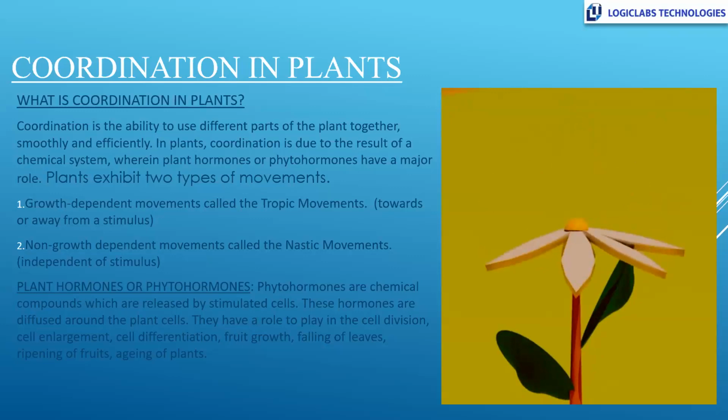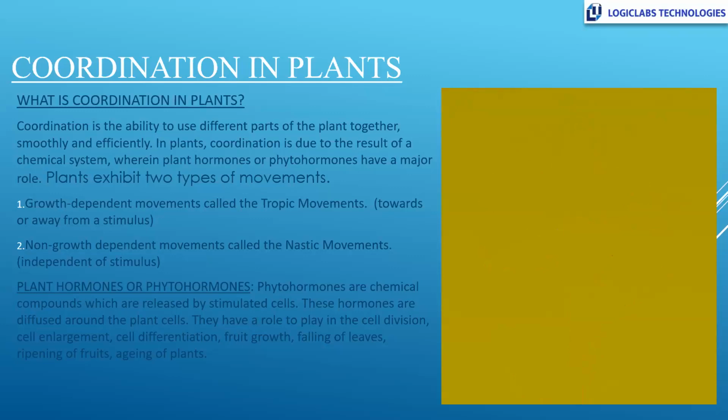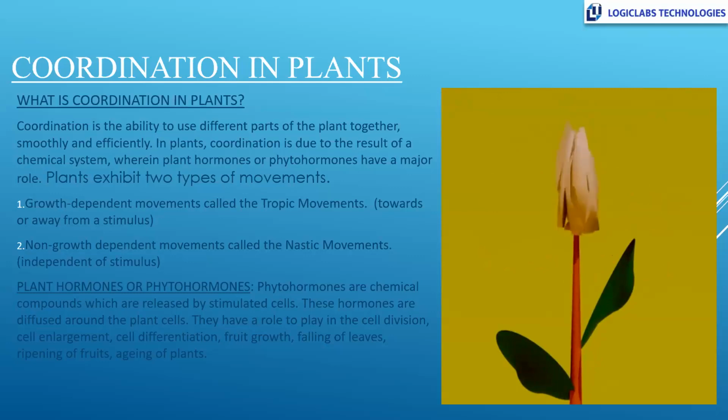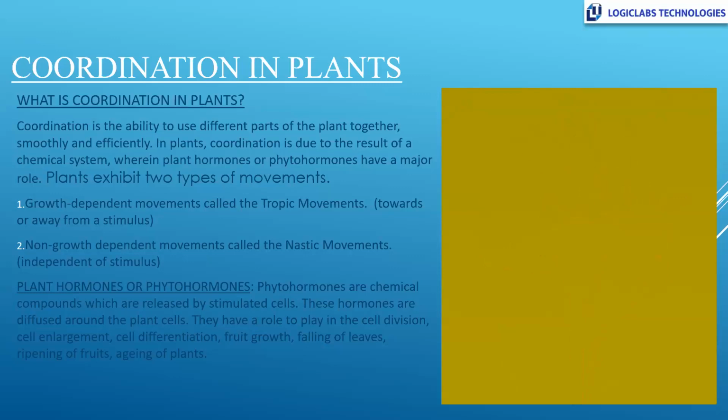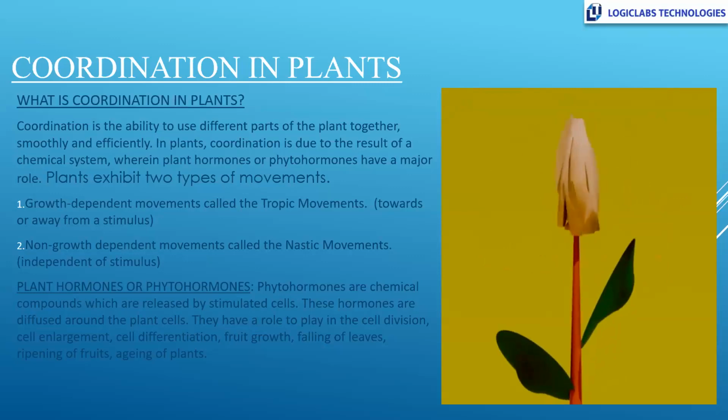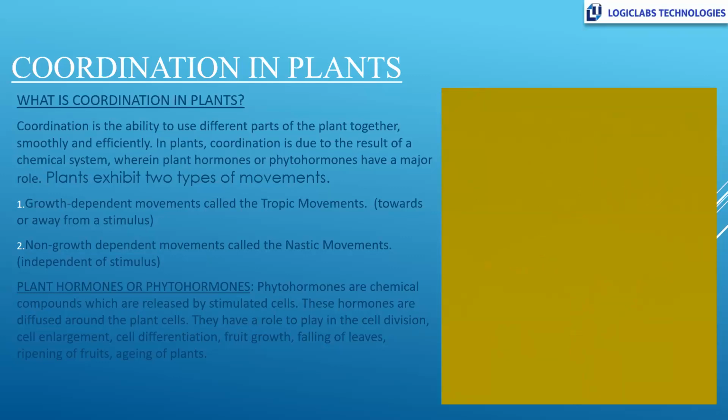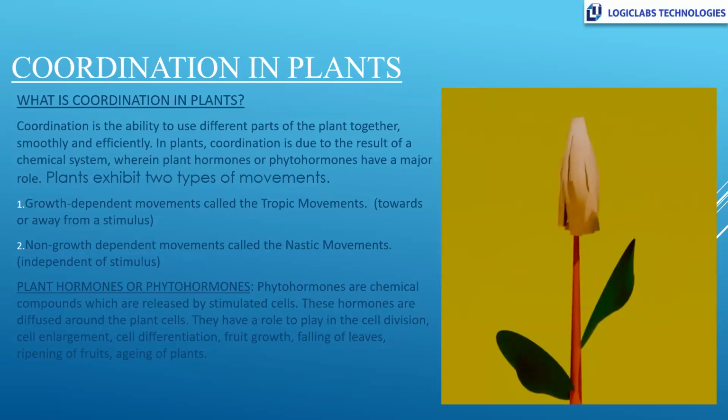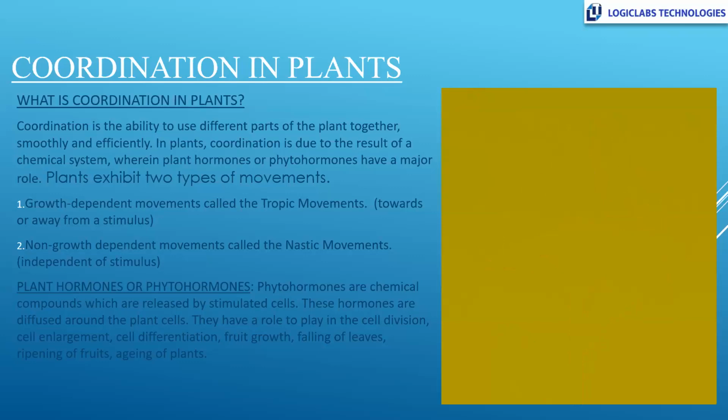Diffused means they just spread around, or they move from one part of the body to the other part in the plant. They are present around the plant cells. They mainly help in cell division, means breaking of cell takes place. And the next one is cell enlargement. Cell enlargement means it helps in the growth of the cell.